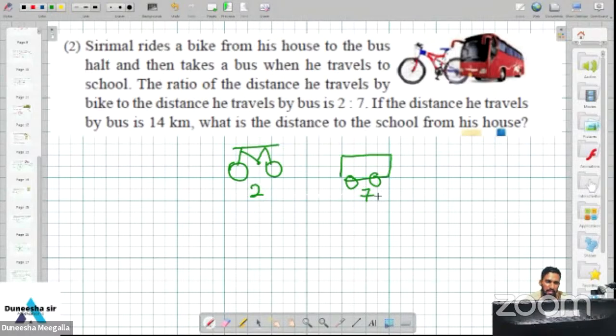Then what is the given distance he traveled by bus? 14 kilometers. Okay. Then what is the asking distance to school from house? Then asking total one, is it?